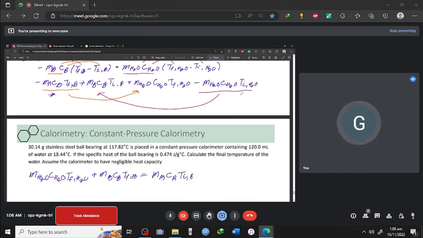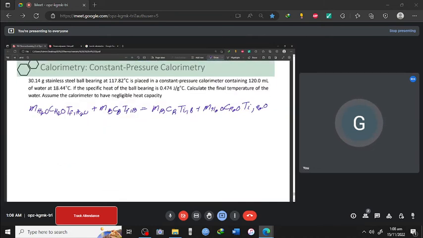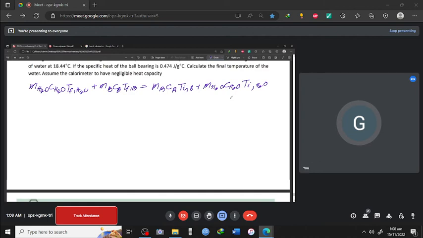Tapos, di ba itong part ng equation na to, transpose lang natin sa kabila. So, magiging positive na rin yan. So, that is plus MH2O CH2O TiH2O. Okay? So, ito na to, no? Magkakasama na yung may final temperature. Magkakasama na rin yung may initial temperature.